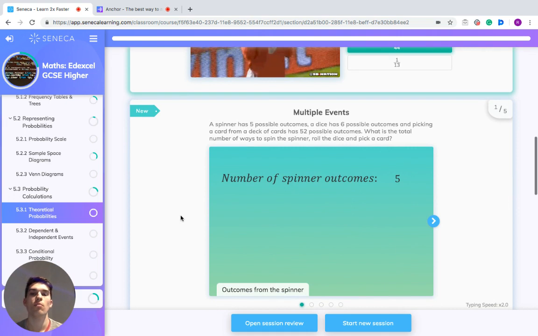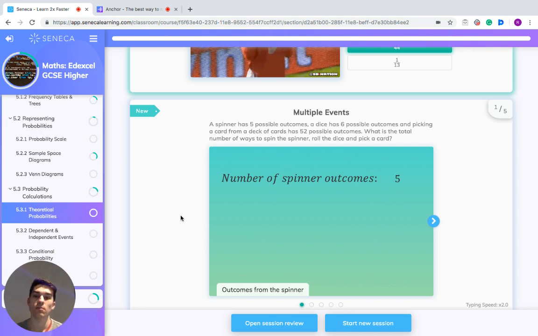Now, if we've got multiple events, we need to think a little bit differently. Let's look at an example where there are multiple events going on that we need to think about. So a spinner has 5 possible outcomes, a dice has 6 possible outcomes, and picking a card from a deck of cards has 52 possible outcomes.